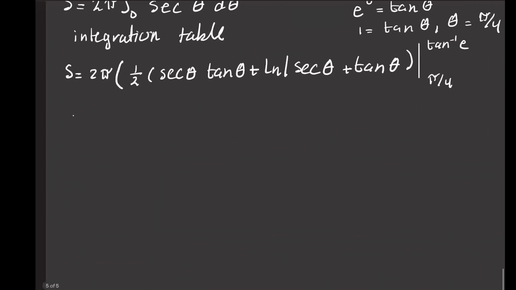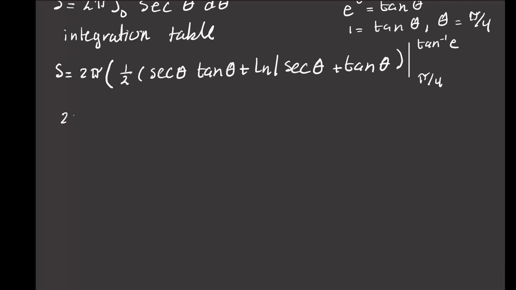So now I input my conditions. So now 2 pi times 1/2 secant. Now it's easier to just set this equal to alpha, so I don't keep on writing tan inverse of e.